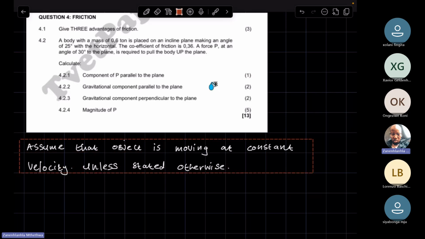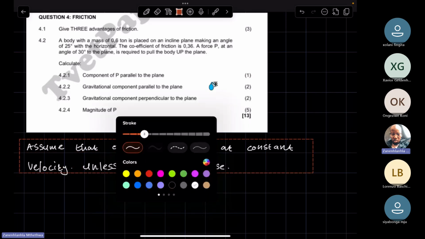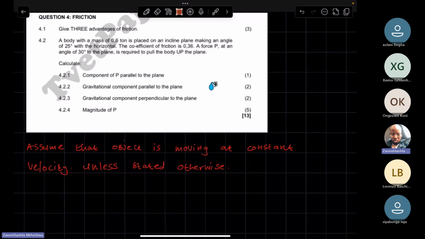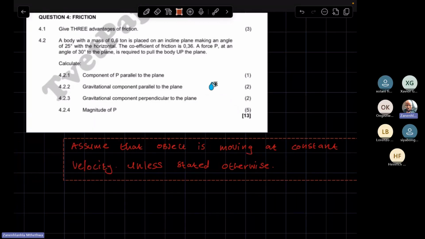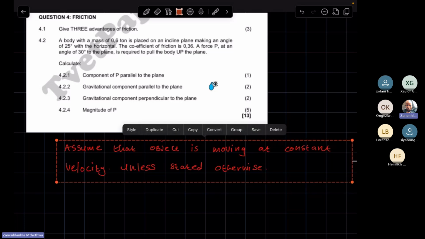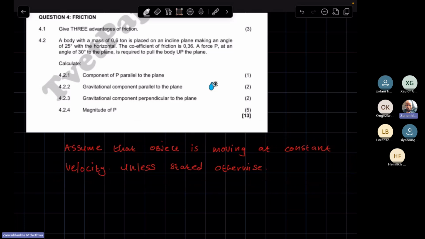It's very important for friction. It's important to note that for friction, this is always the case. You assume that the body is moving at constant velocity.